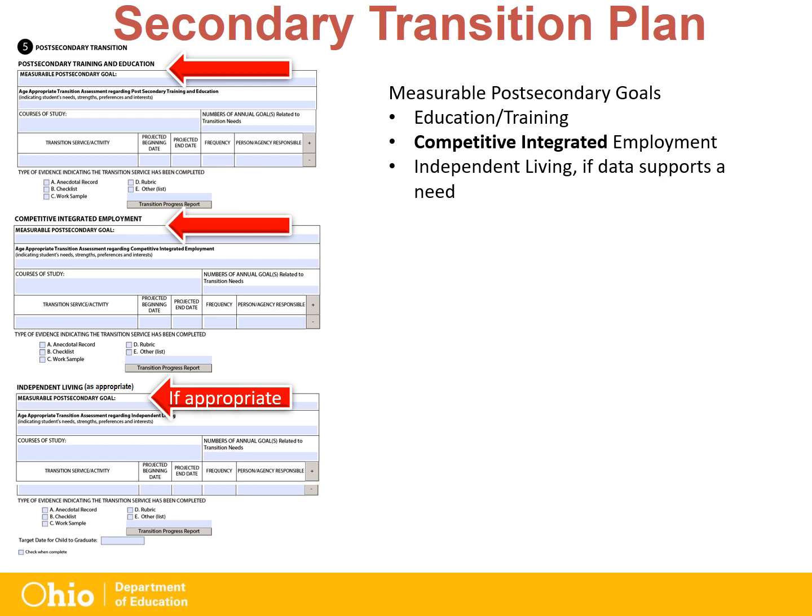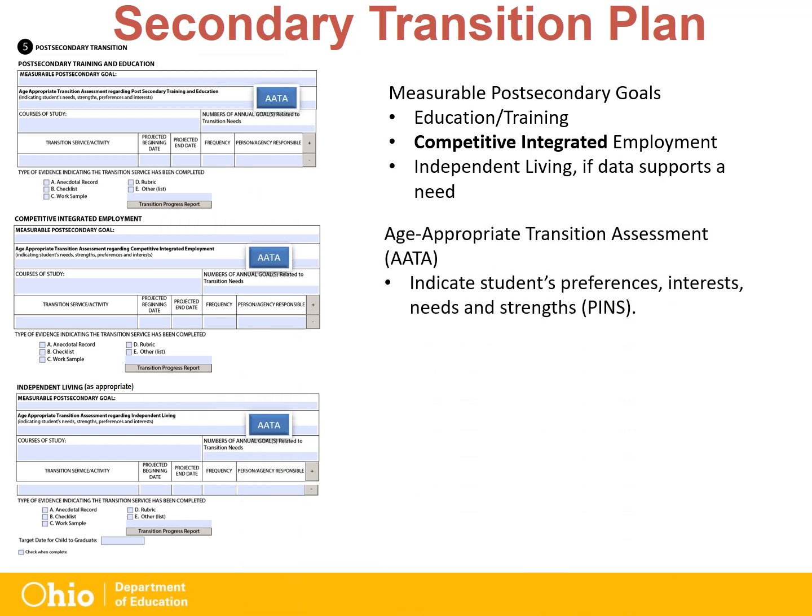There must be evidence that each measurable post-secondary goal is based on age-appropriate transition assessment, or AATA data. To illustrate the importance of this connection, AATA is now documented directly under each post-secondary goal. This means that AATA data related to the education training goal is written in the education training area on the form, and so on. The student's course of study and annual goals from Section 6 of the IEP are included here.